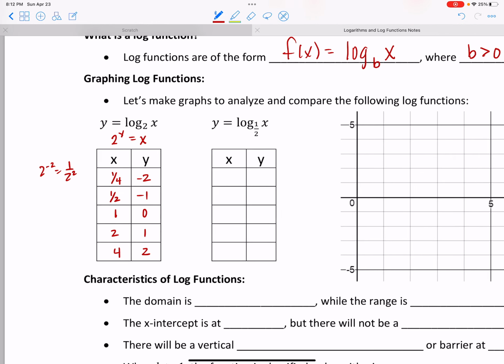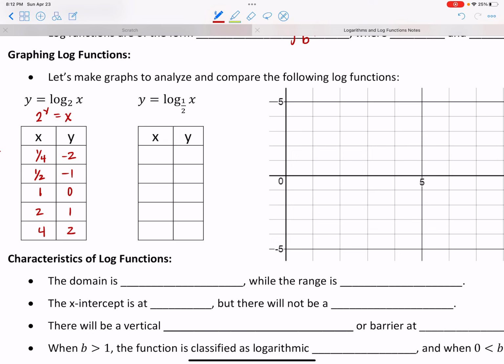So when I go to graph this, at 1/4, my graph is down here at -2. At 1/2, I'm up a little higher at -1. At 1, I'm at 0. And then (2, 1) I have a point, and (4, 2) I have a point. Similar behavior to our exponential, but as our y's approach negative infinity, our fractions approach 0.